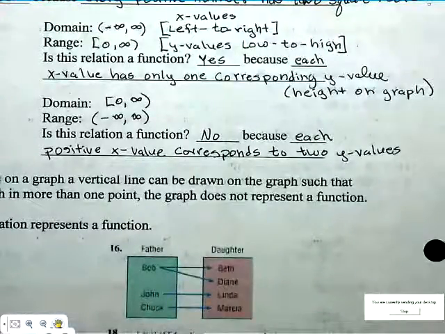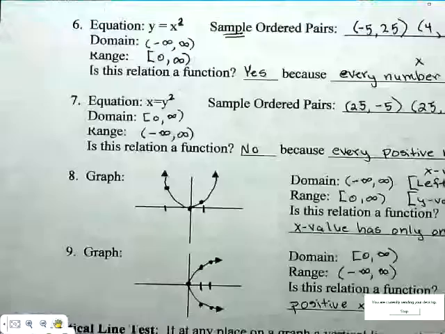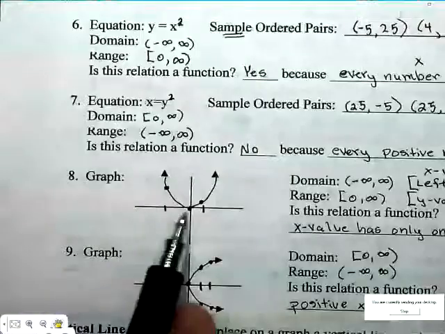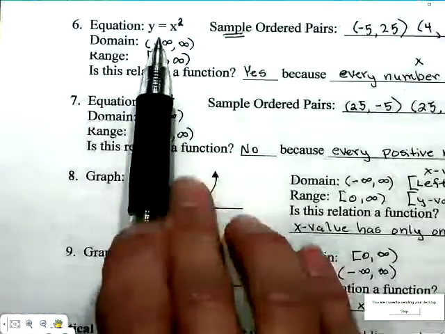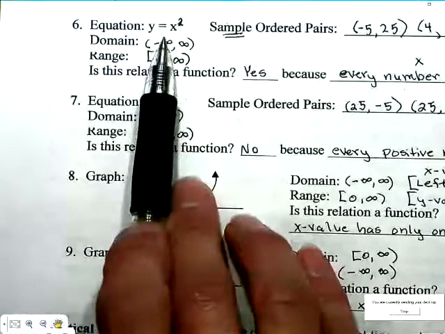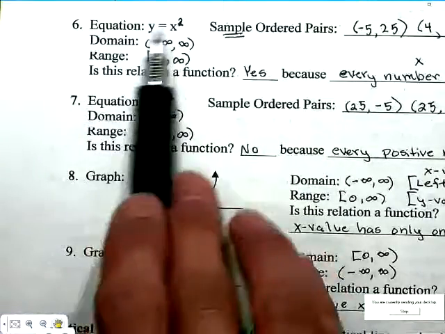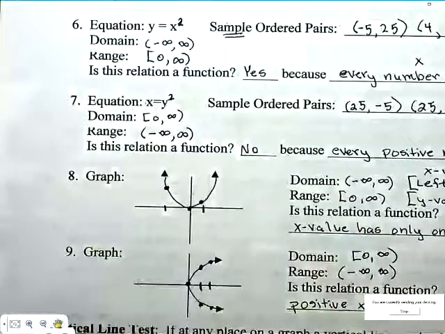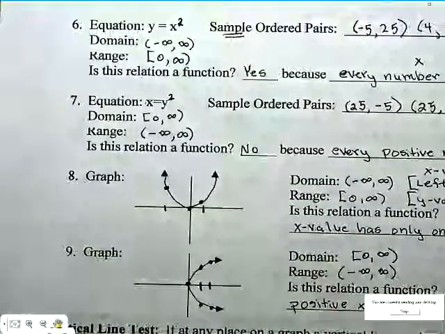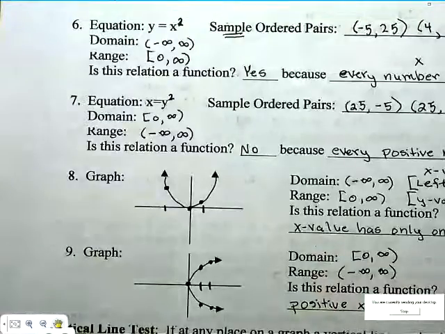As a matter of fact, we're going to talk about this some more later, but number 8 is the graph of number 6. You may remember that from intermediate algebra or math essentials. The graph of y equals x squared is this nice U-shaped parabola. And you didn't talk about it in Math 1000, but we're going to talk about it in a couple of chapters.